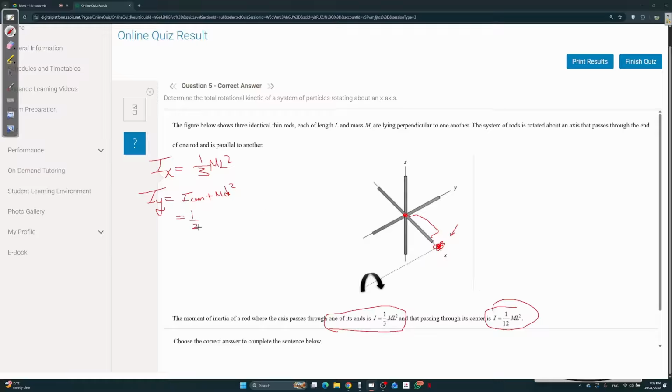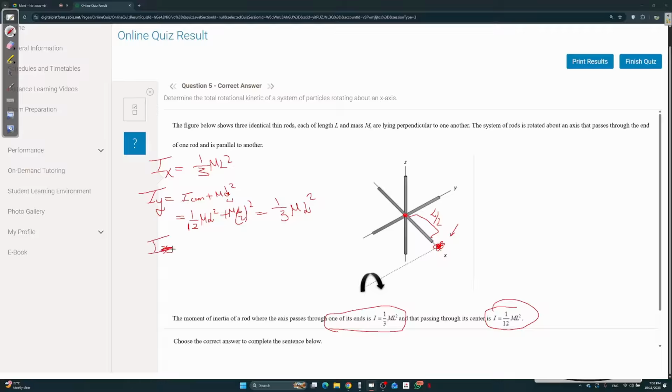So it's going to be 1 over 12 ml squared plus md squared. What's the distance between the center of mass and the new axis? It's half L, half the length. So it's L over 2: m times L over 2 squared. Doing this on your calculator, you get 1 over 3 ml squared.